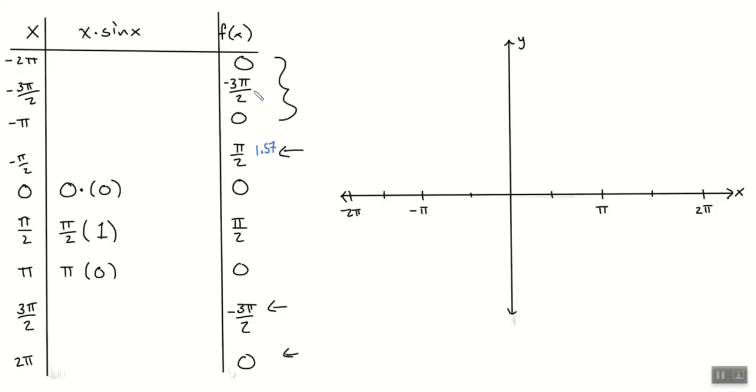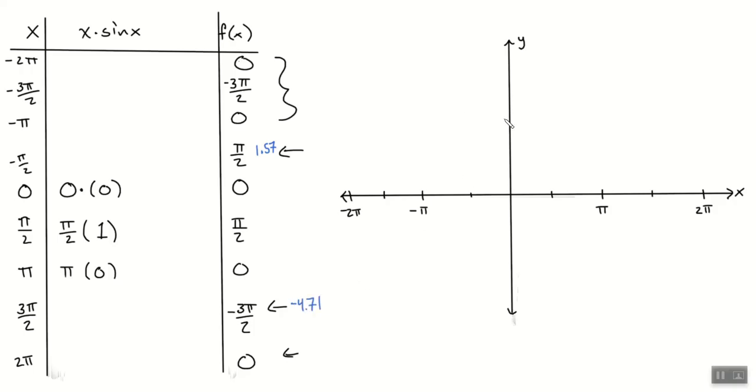I just don't know the decimal. You found it? Good. 3 pi halves is roughly 4.71. Now, the only reason I'm using these is to help me pick a scale right here.